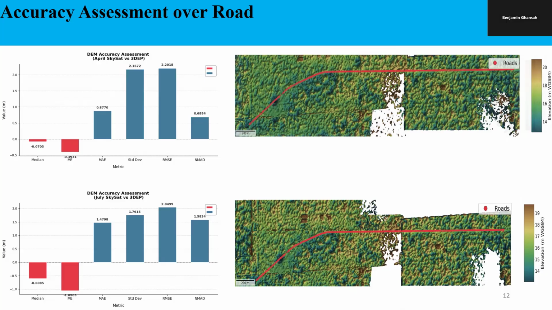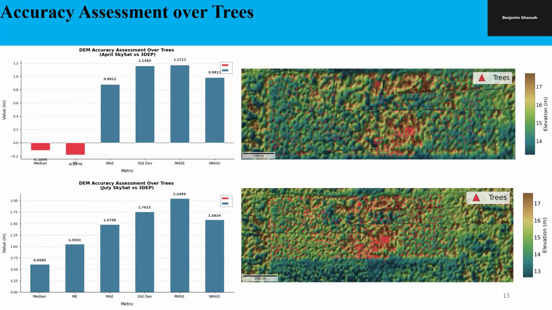So between the two images, it showed that the April image was more consistent and had fewer errors compared to the July image or DSM. The accuracy assessment over trees also showed a similar pattern. The NMAD for April was still sub-meter, 0.98.